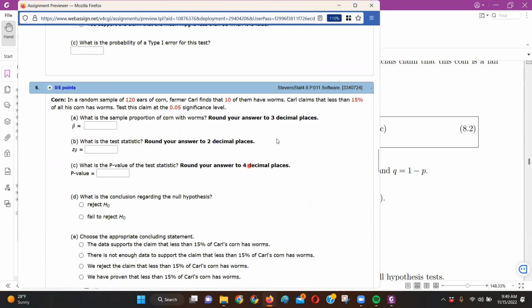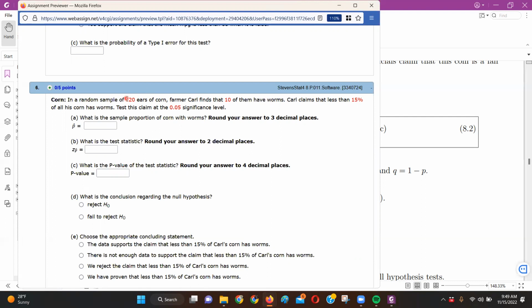I also know that the claim is that 15% of his corn has worms in it. And if we do that np thing just to make sure, 15% of 120 is certainly bigger than 5, because 10% of it is 12, right? And then 85%, 1 minus that, is also going to be bigger than 5. And it's the yes, no, does it have an earworm or no?